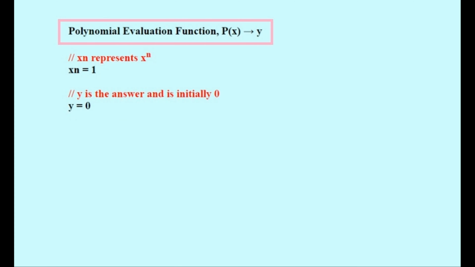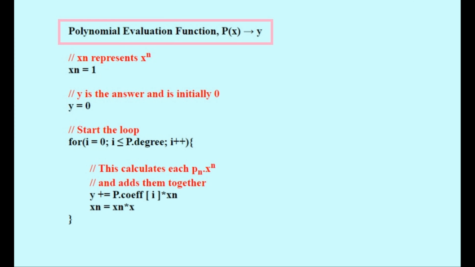And we'll set y to equal the polynomial evaluated for x. It is a cumulative total, so it is initially equal to 0. So we start the main loop to span all of the coefficients of p, and we'll evaluate each term in the polynomial and add it to y, and y will be the answer as a scalar number.